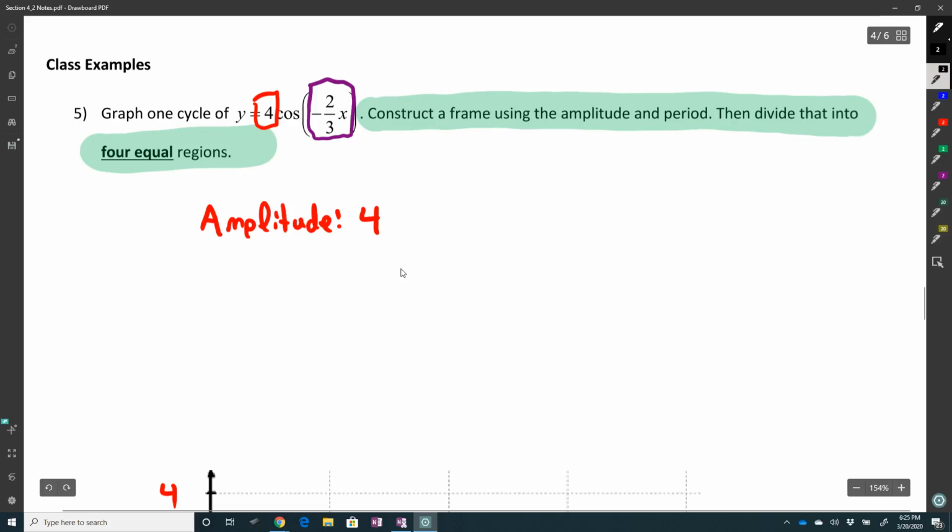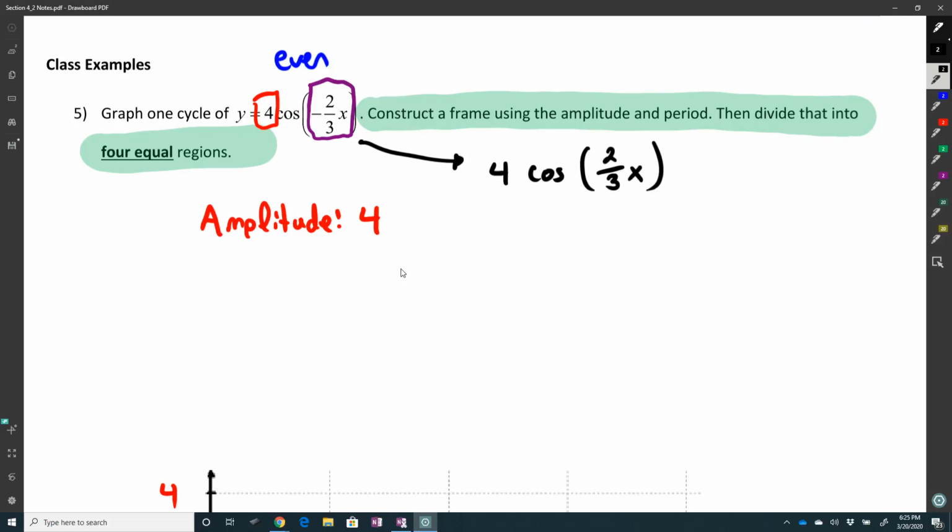So our first thing to do is notice that this is 4 cosine of negative 2/3 x. So cosine is an even function, and even means that I can drop the negative. So this really becomes 4 cosine of 2/3 x. I'm sorry. On the top half of the page, I said rewrite it, and then I forgot to rewrite it.